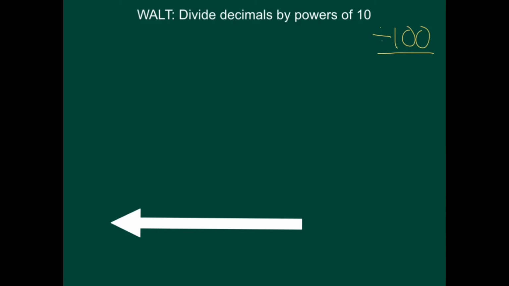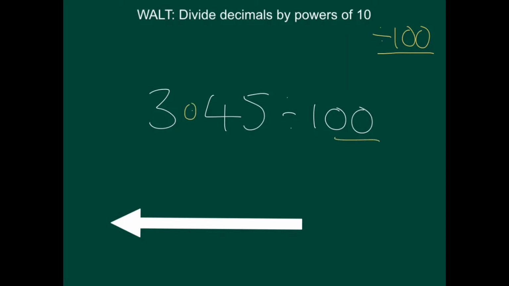Now let's try a trickier one. What if we have the number 3.45 divided by 100? Same thing again. We've got 2 zeros in there, so we're going to move the decimal place 2 places. So if we move it once into here, we've divided it by 10. Now this is the tricky part. Because we're dividing by 100, we need to move it one more place.